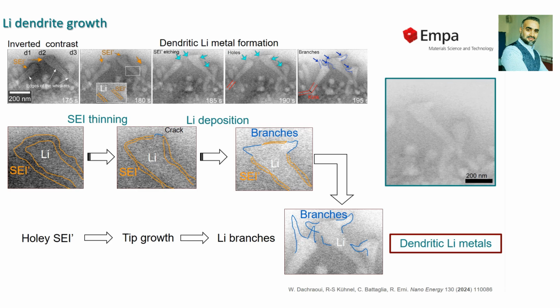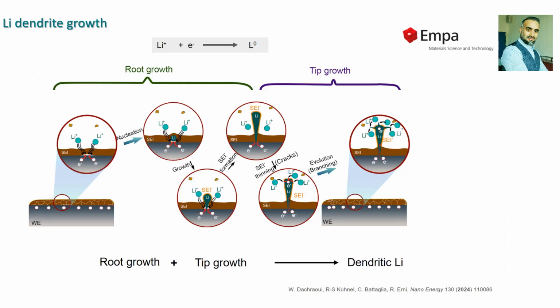Here is a schematic illustration showing the detailed mechanism of the growth based on the previous observations. We have to keep in mind that plating is basically based on the meeting between electrons and lithium ions to form lithium metal.